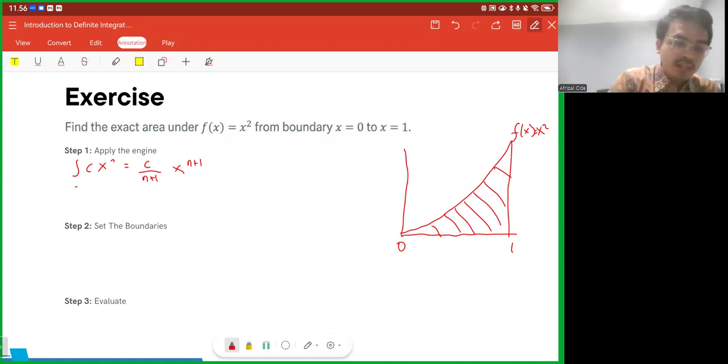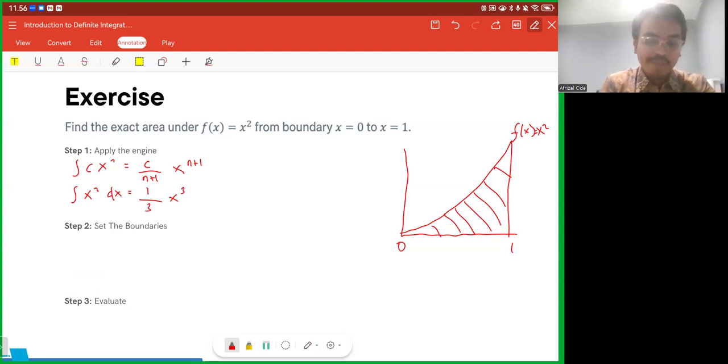So basically, we're going to have the integration of x squared dx. What are we going to have? C is 1. So we have 1 divided by 2 plus 1. So we're going to have 3 and x powered by 3, or x cubed. All right, this is what we have.